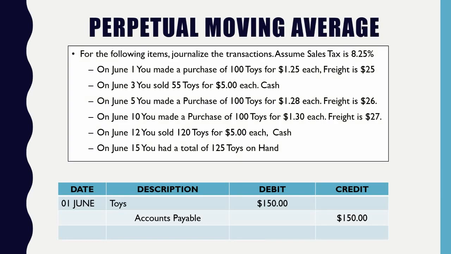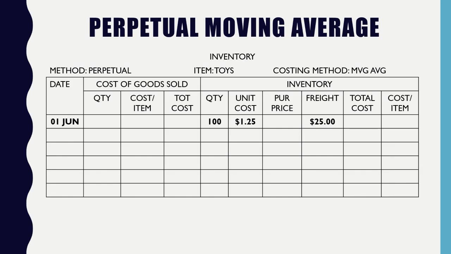Let's take a look at our first example, where on June 1st we purchased 100 toys at $1.25 with a freight of $25. Straightforward, right? We pop this number into our inventory worksheet. We get our purchase price to be $125, plus 25 gives us $150.